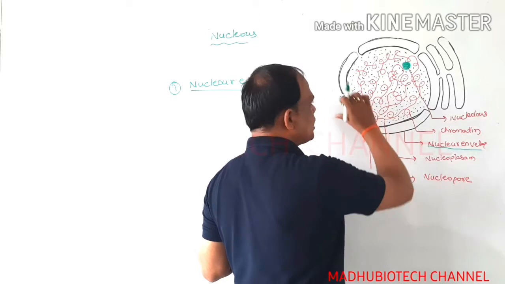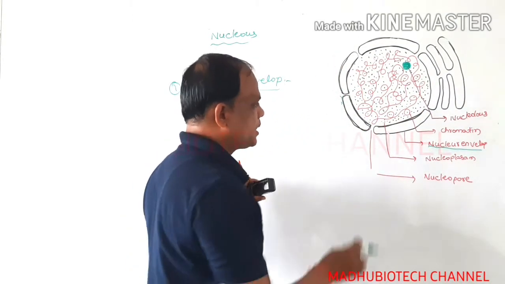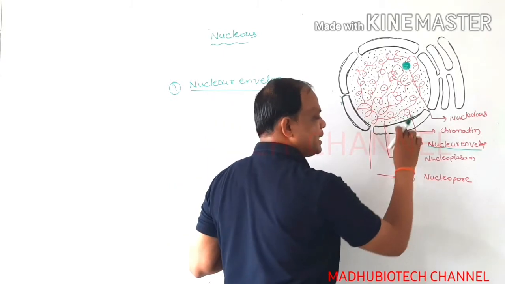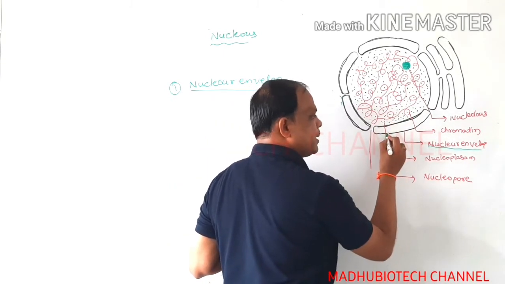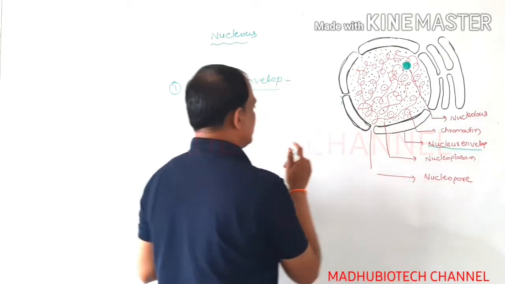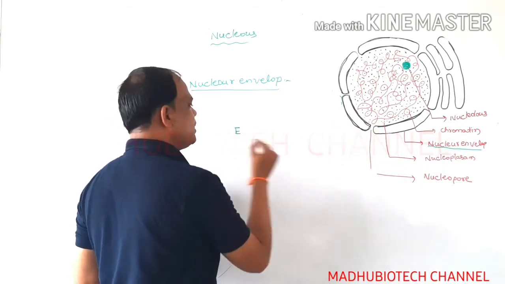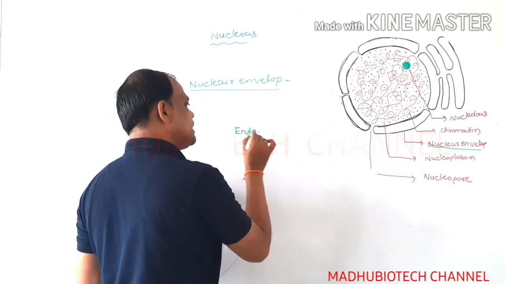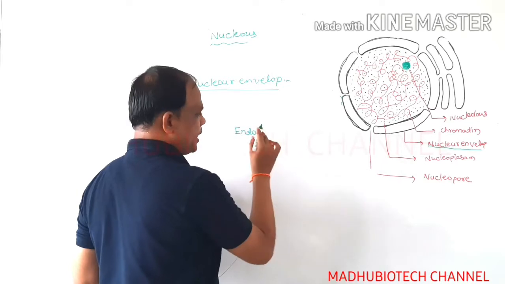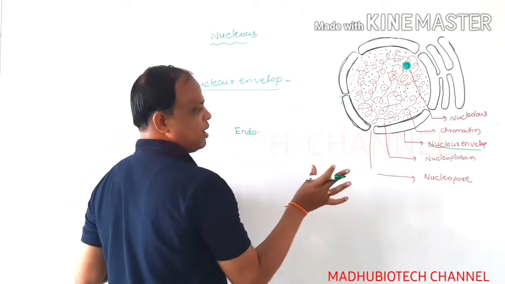The outermost layer is called the nuclear envelope. The nuclear membrane contains two membranes, one outer and one inner.